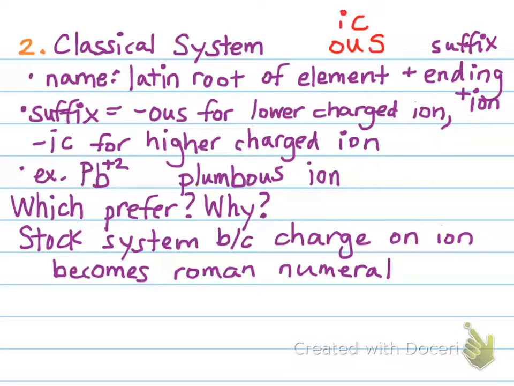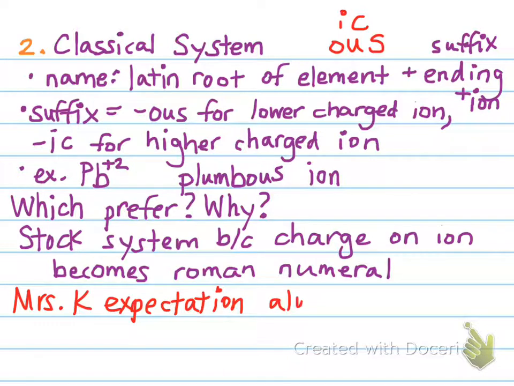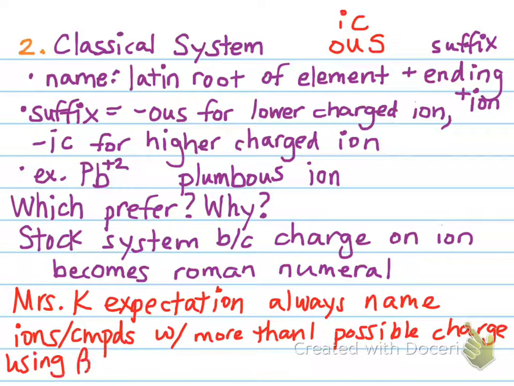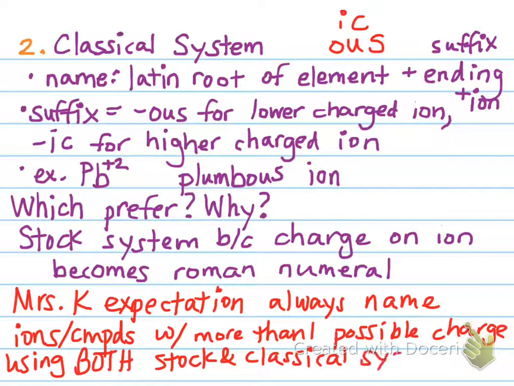Again, remember, Mrs. K's expectation is that you always name ions, and this is even going to relate when we start to write the formula or the names for compounds, with more than one possible charge, using both the stock and classical systems.